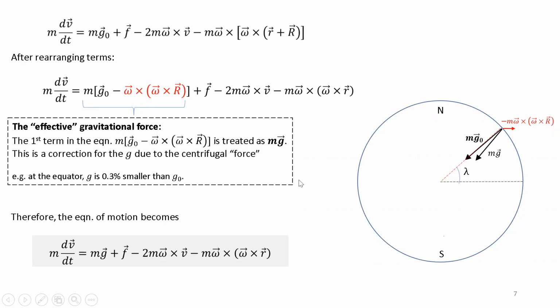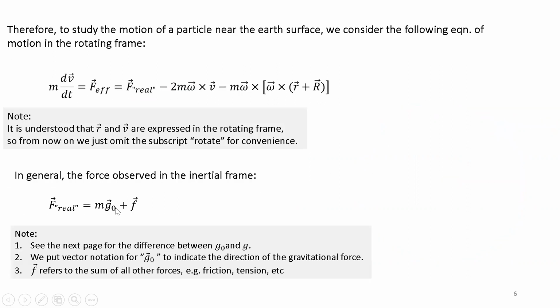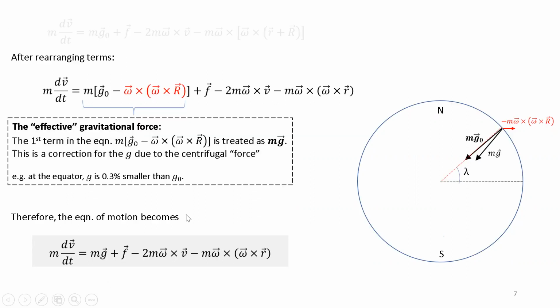This g naught represents the real value of g, and g naught minus this whole thing is the one that we effectively experience.